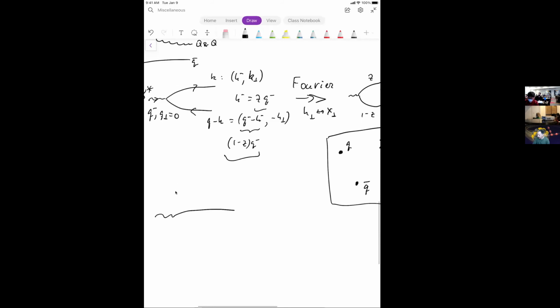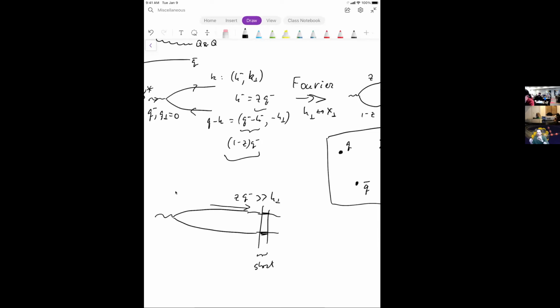This dipole comes in. Each of these quarks has very large minus momentum, even zq minus, if z is not terribly large, it's very large. It's much larger than k perp, so that for the short time when it goes through the target, the change in transverse position is very small, right? So this is the target, and this is a very short time. So transverse recoil is very, very small and can be neglected.